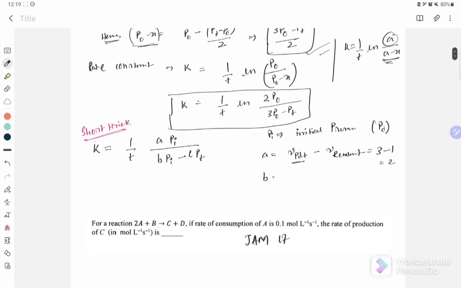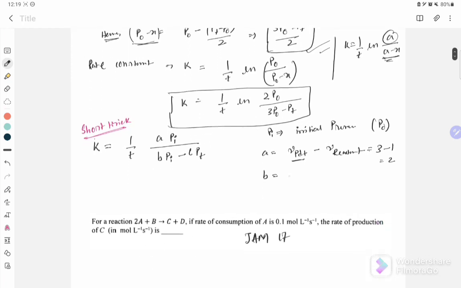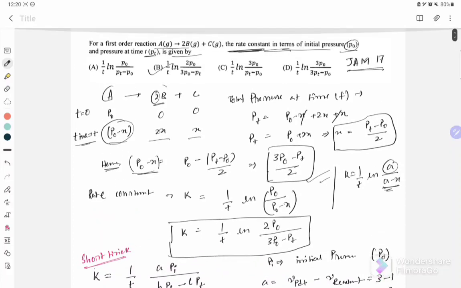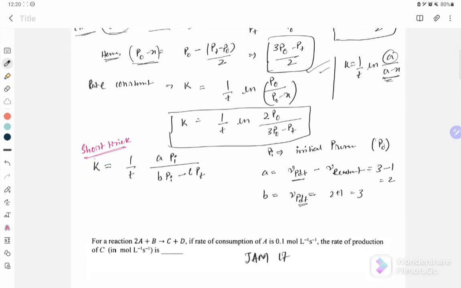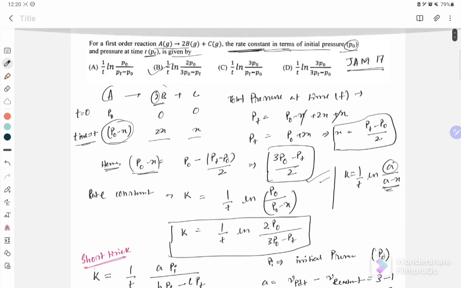B is the stoichiometric coefficient of product, 2 plus 1, that is 3. And C is the stoichiometric coefficient of reactant, that is 1.